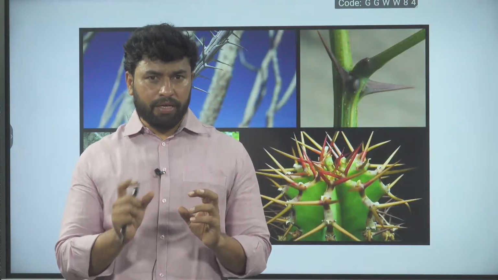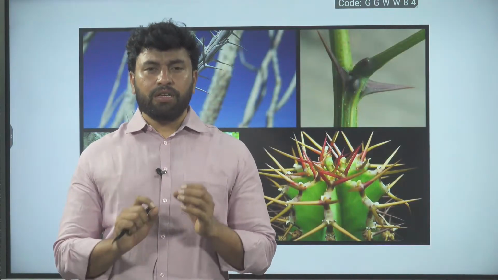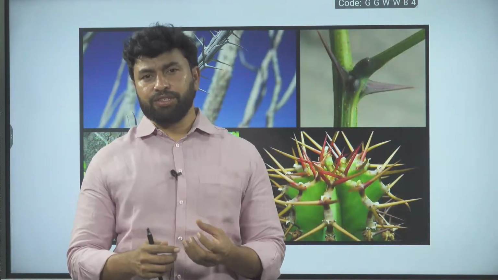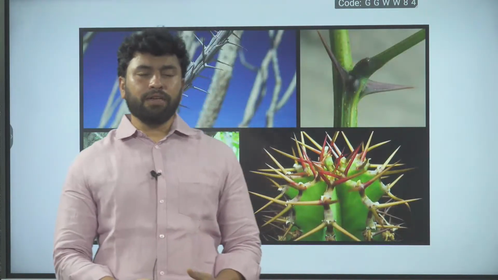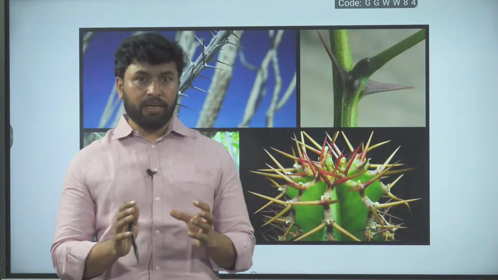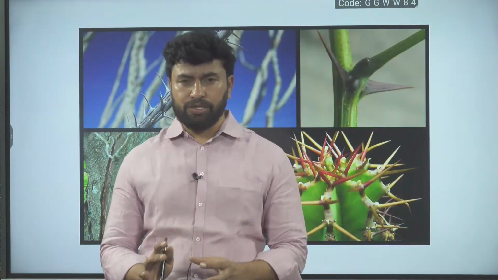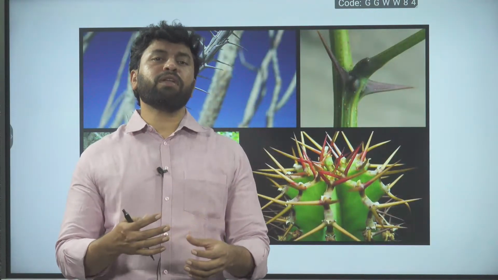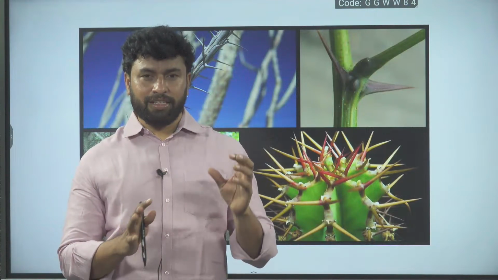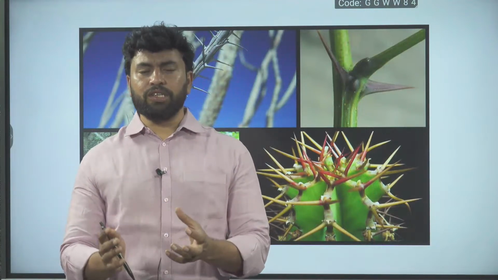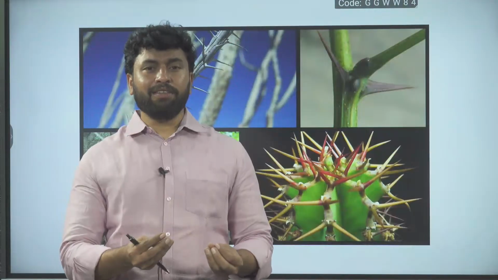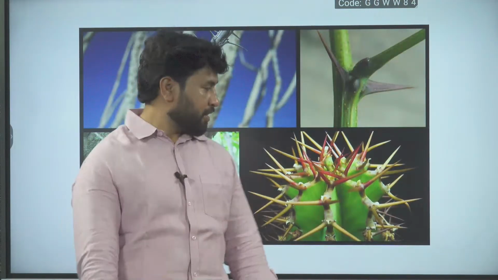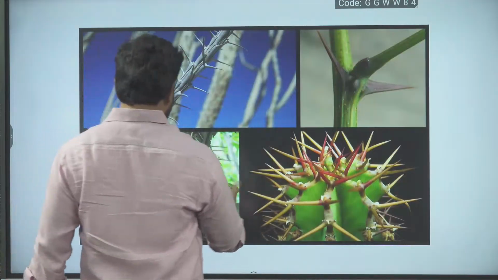You must know that variation, but in the NCERT book they did not separate these two terms. Sometimes they mention bougainvillea has spines, but actually bougainvillea has thorns. And somewhere else they mention cactus has thorns, but actually cactus has spines.